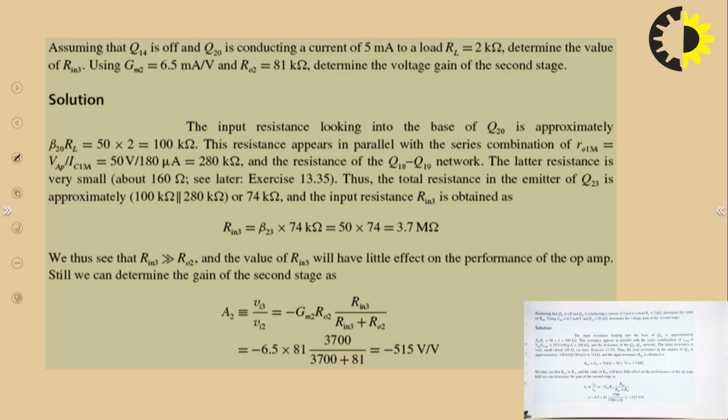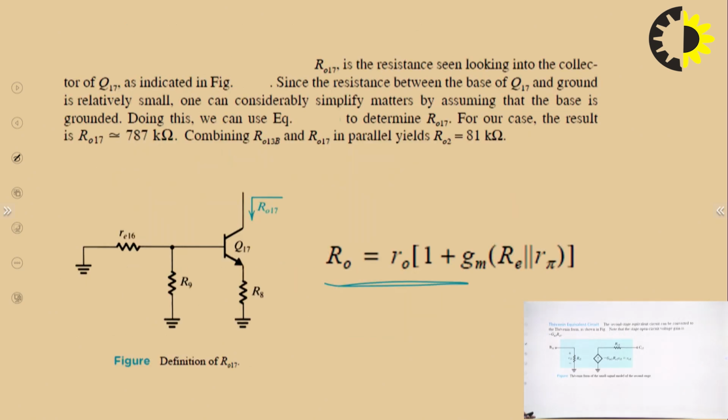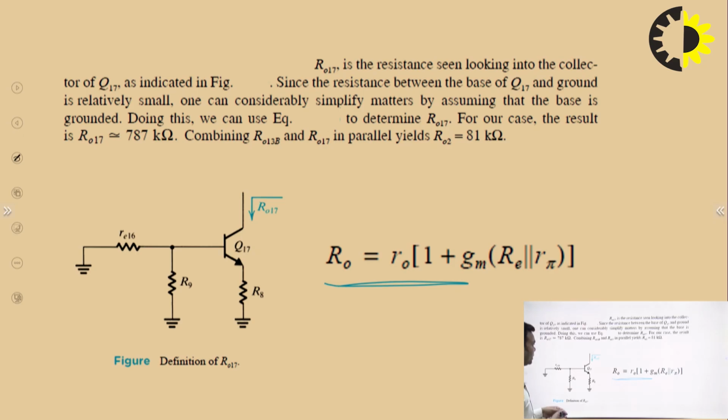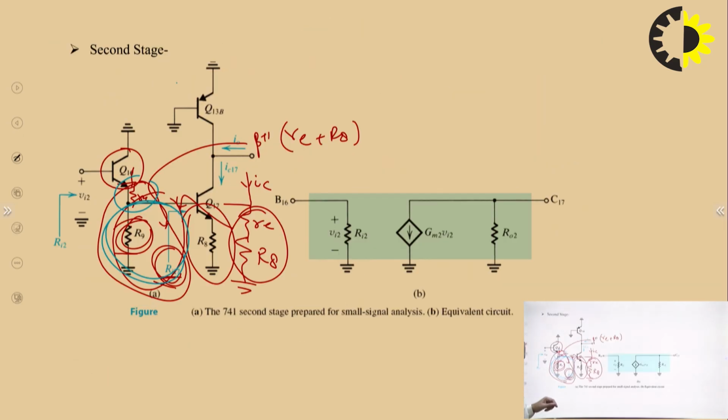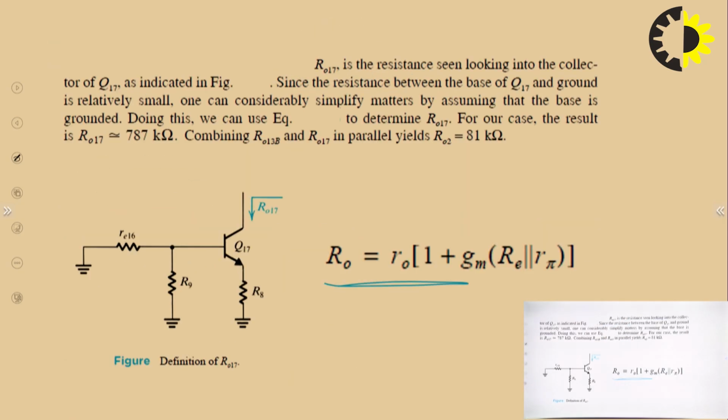So you can find out these values like RO17 is equal to 787 kilo ohm, and combining RO13B and RO17 in parallel, you will get the output resistance of the second stage, which will be equal to 81 kilo ohm.